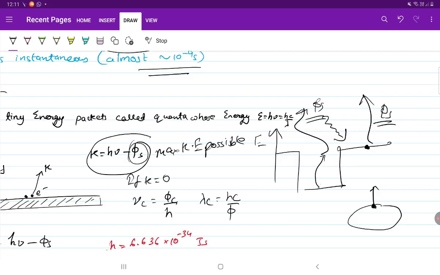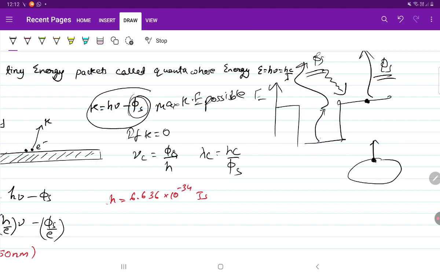Now, if kinetic energy is found to be zero, then we say that nu is equal to phi s by h. We call it specially as nu c, which is called the cutoff frequency. Similarly, cutoff wavelength is given as hc by phi s. Hope you get it. And the value of h is given as 6.636 times 10 to the power minus 34 joule second.